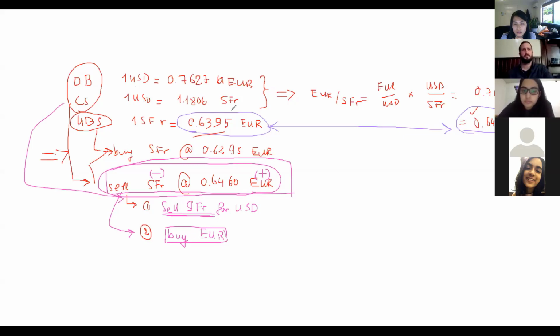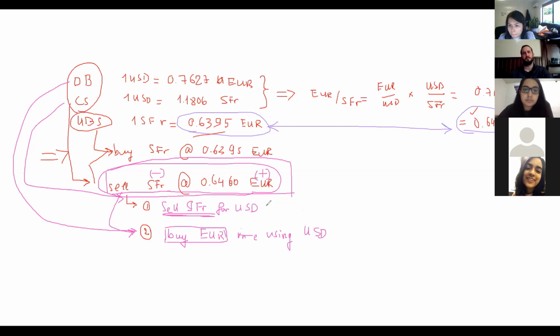They're trading the franc for the USD. In the second transaction, I'll be buying the euro using the USD. Okay. So, in other words, I'll be trading with Dresdner Bank, okay, who trades euro and USD.